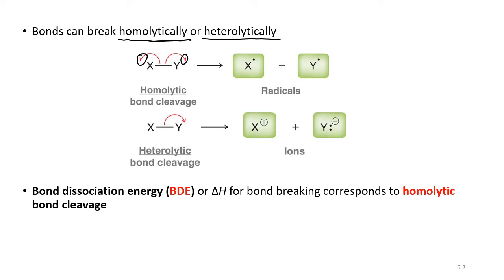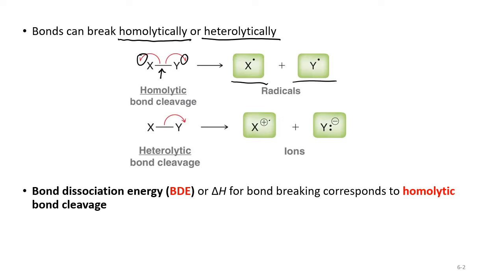So you can see that in our chemical bond, there are 2 electrons being shared. 1 electron goes to the Y atom and 1 electron goes to the X atom to generate radicals. A radical is simply an atom that has a single unshared electron.